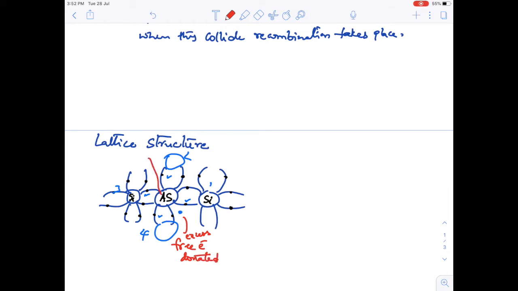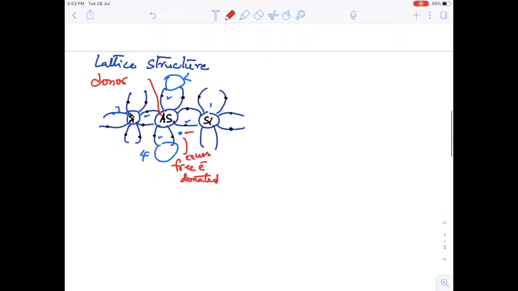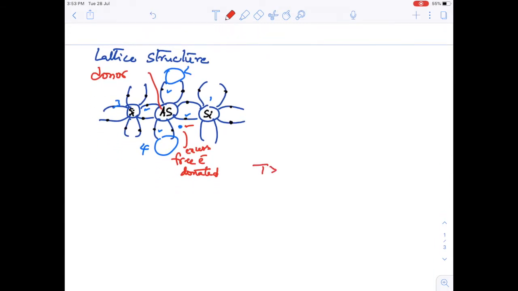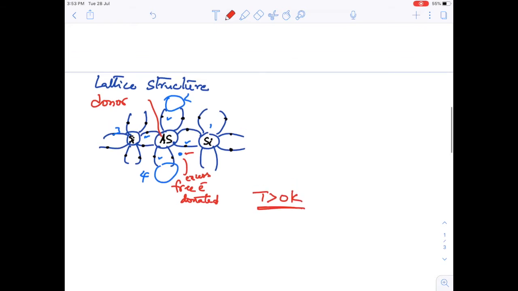So, this becomes the donor atom, arsenic, and that gives one excess electron. What is happening? This is at T greater than 0 Kelvin. I will discuss this. Due to the increase in temperature, there will be electron-hole pair generation due to thermal energy, thermal agitation I will call it.